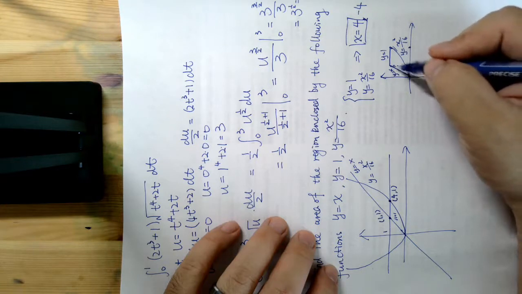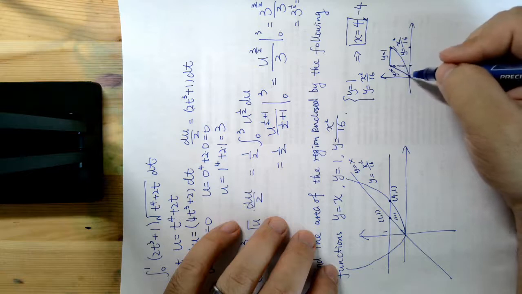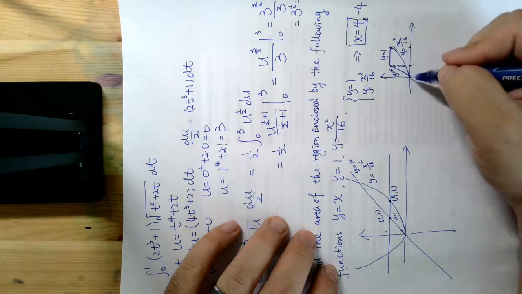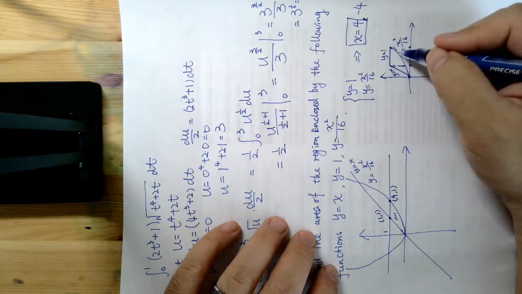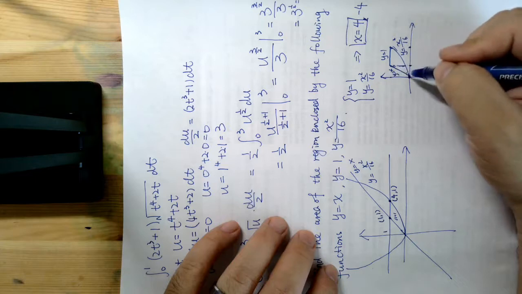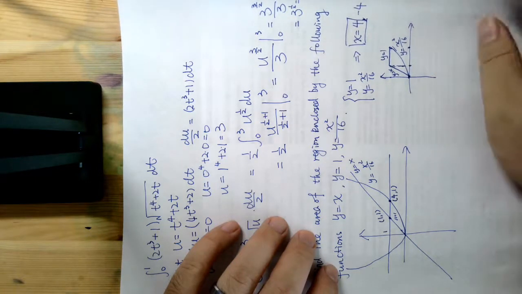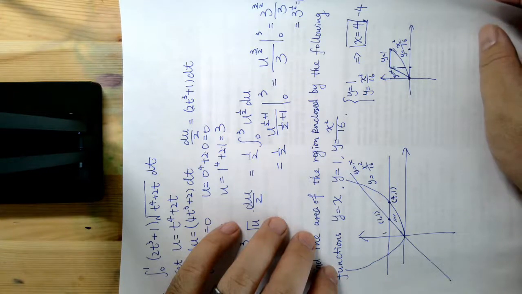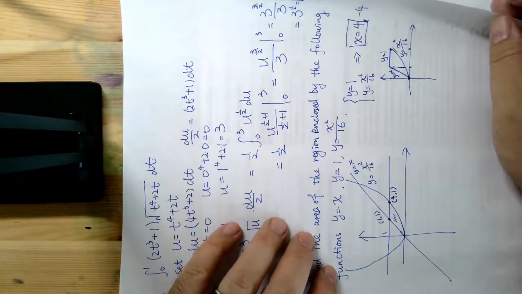This is my lower function, y equals x. As y changes from here to 1, the upper function and the lower function do not change. So that's why it's better and easier to set up the integral in terms of y instead of x.